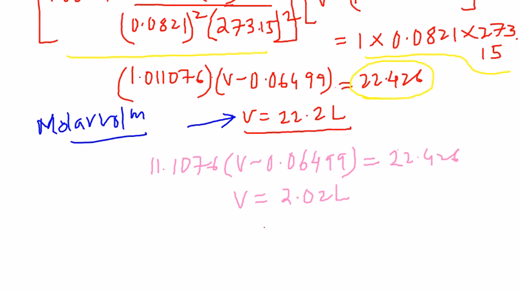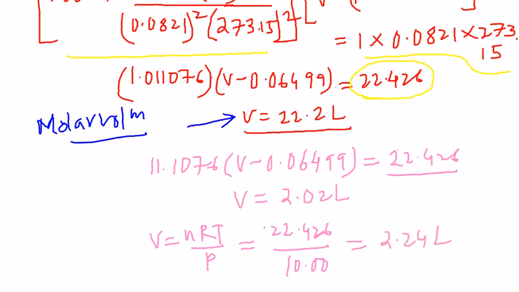And just like before, if you want to use the ideal gas equation to solve this, then V is equal to nRT by P, and we know nRT is that value out there. So we're going to get 22.426 divided by the new pressure, 10 atmospheres, which should be 2.24 liters. And that's how you solve this problem.